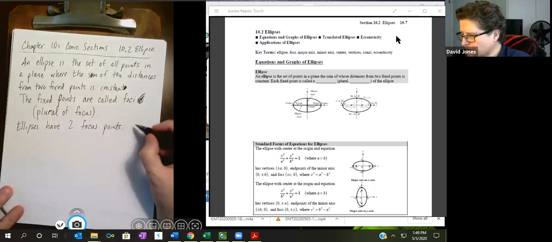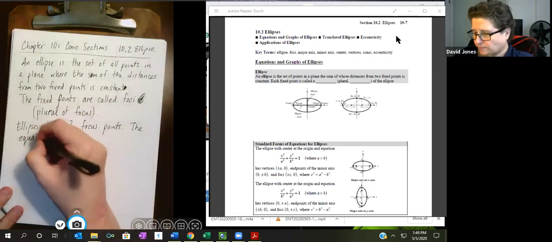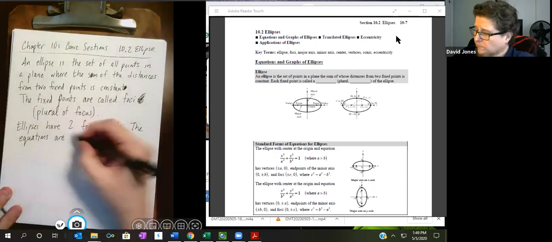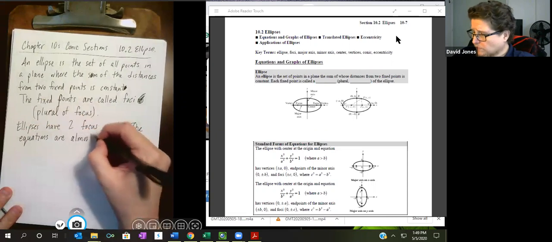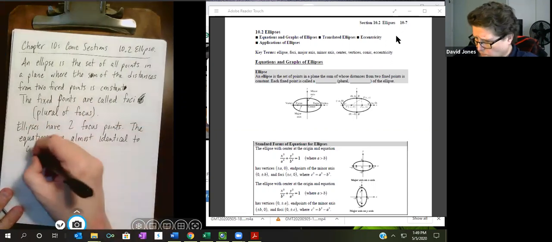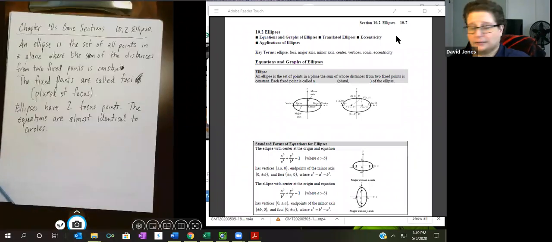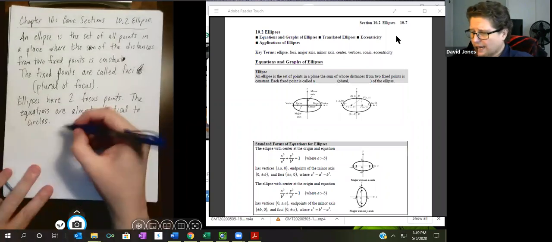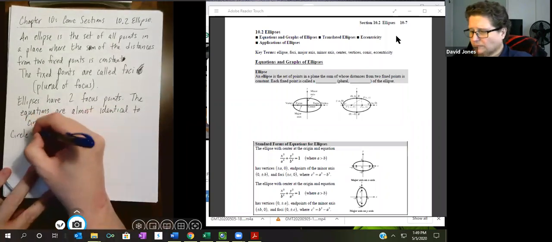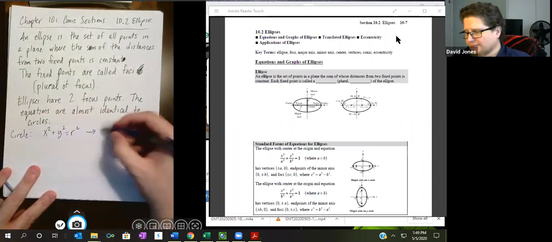And the equations are almost identical to circles. Let's talk about circles for a second, just as a quick reminder. For a circle, we had x squared plus y squared equals r squared. If we divide both sides by r squared, we get this.